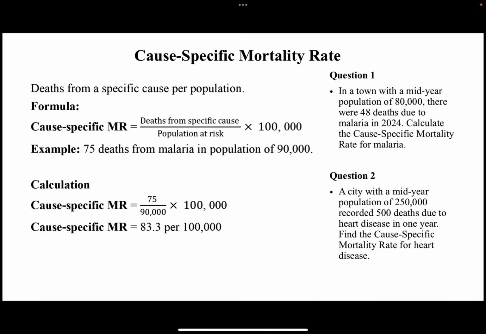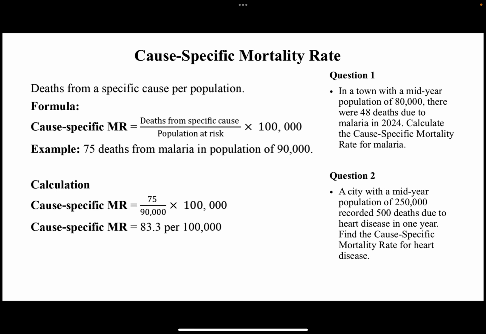Now, in a town with a mid-year population of 80,000, there were 48 deaths due to malaria in 2024. Calculate the cause-specific mortality rate for malaria. There were how many deaths? 48 deaths due to malaria.